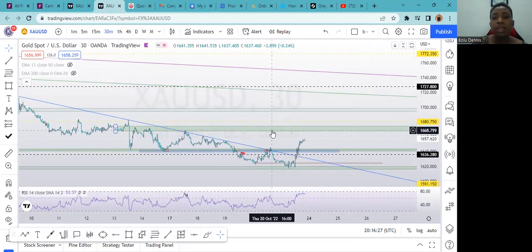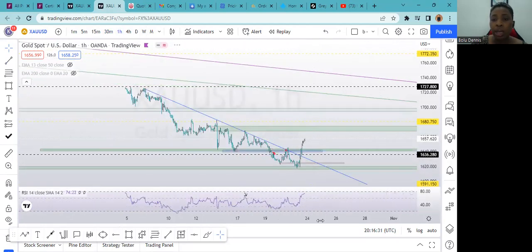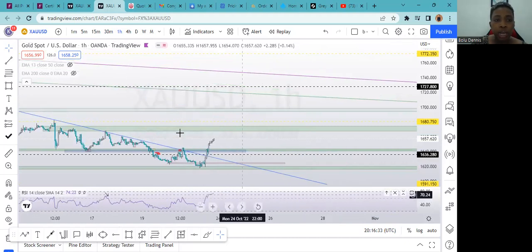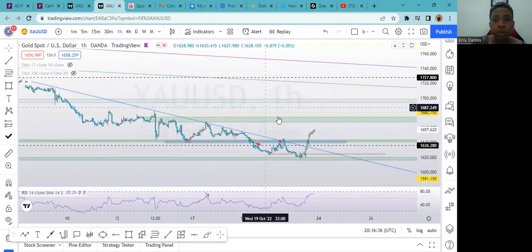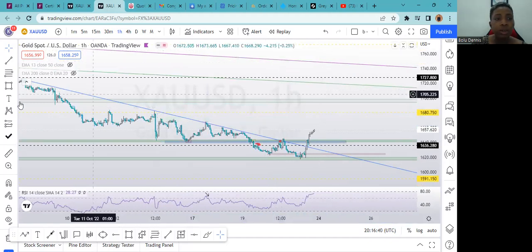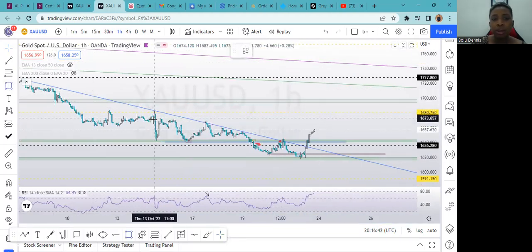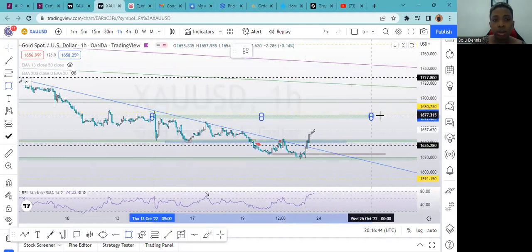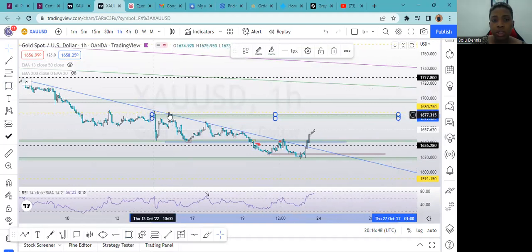Okay, so let me not ignore what I just saw. So while on this 1 hour, I would prefer to remove this 4 hour zone. It's still another block, it's still the same area, and just turn this to the 1 hour zone with that other block.